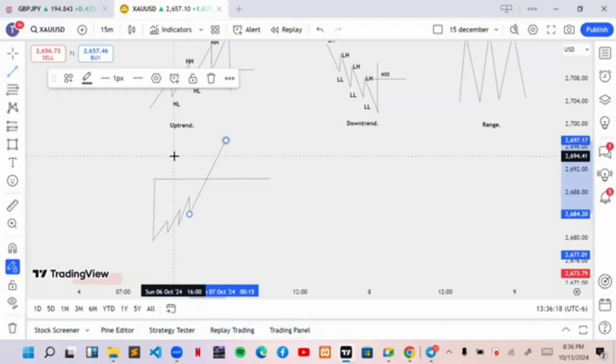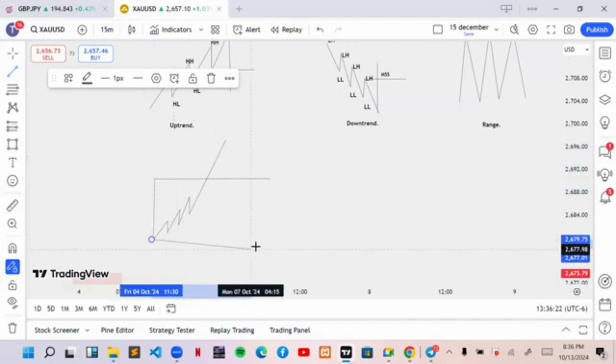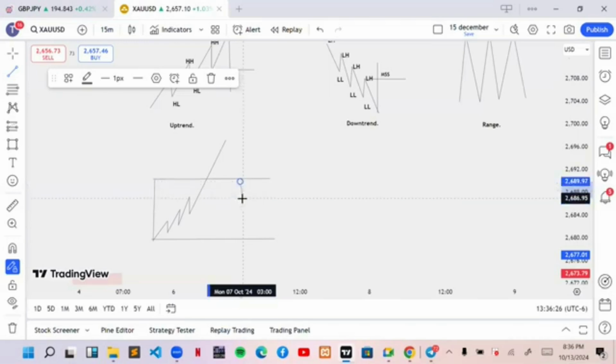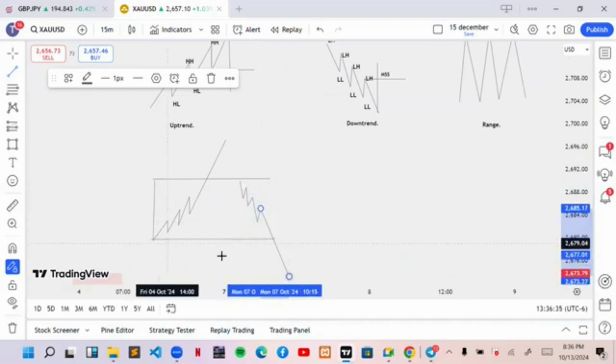Same thing if this was a support zone right here, and the market was on a downtrend, making a series of lower highs and lower lows. And so it does something like this. It has broken this key level, which is a support zone. So what you're still going to be looking for is sells, because this was a break of structure and not a market structure shift.